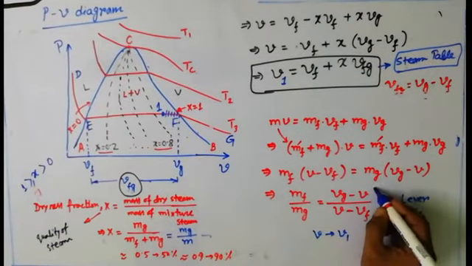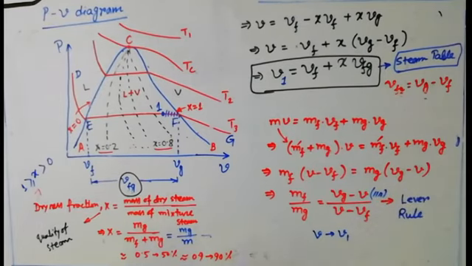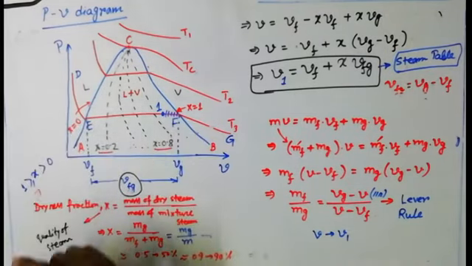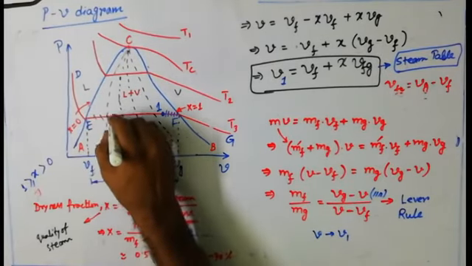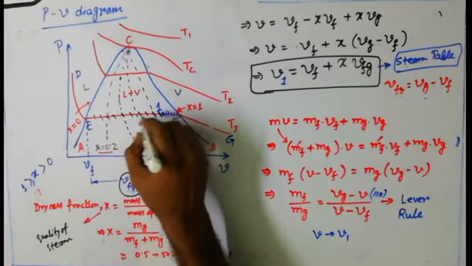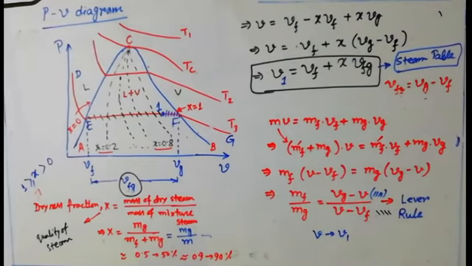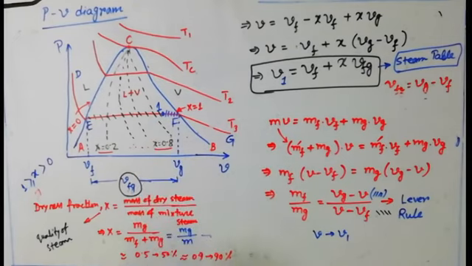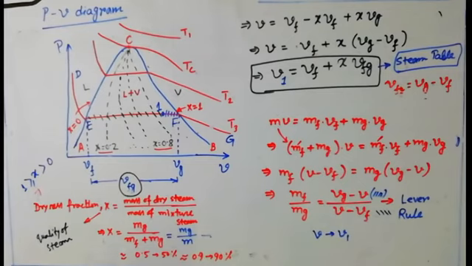I can symbolize that this particular part is Vg minus V, and V minus Vf means Vf is this one and V is that one. So V minus Vf means this particular region I am talking about. So you can consider that point 1 is like a fulcrum point, and just use that childhood lever principle.